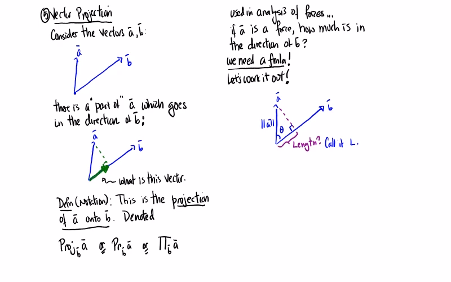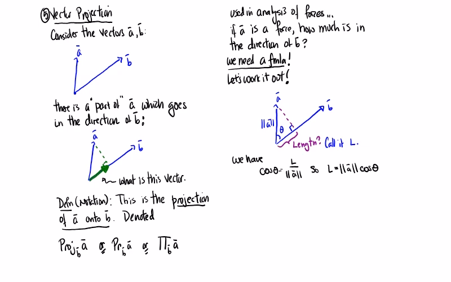So we have the cosine of theta is the adjacent, which is L, over the hypotenuse. So this tells us that the length of this guy is the magnitude of A times the cosine of theta.